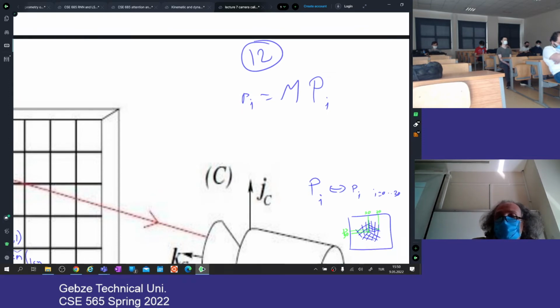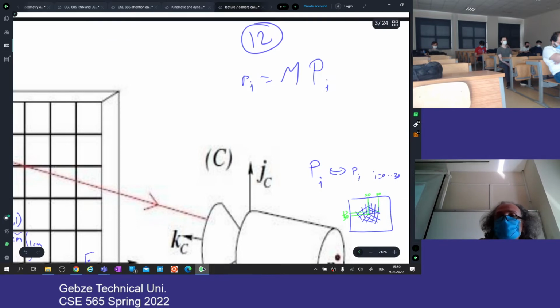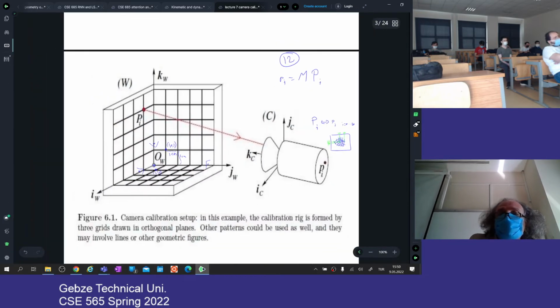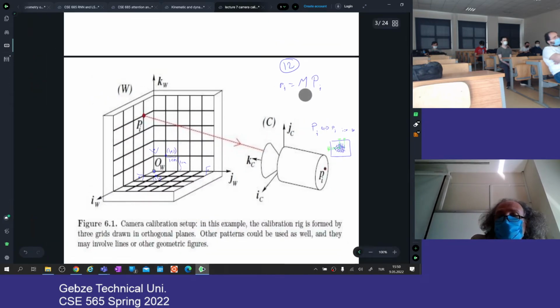We like to include maybe 30 points, so that we are robust against the noise and calculation errors and the lens related distortions and that kind of stuff. So that's the idea, to calculate this projection matrix M.